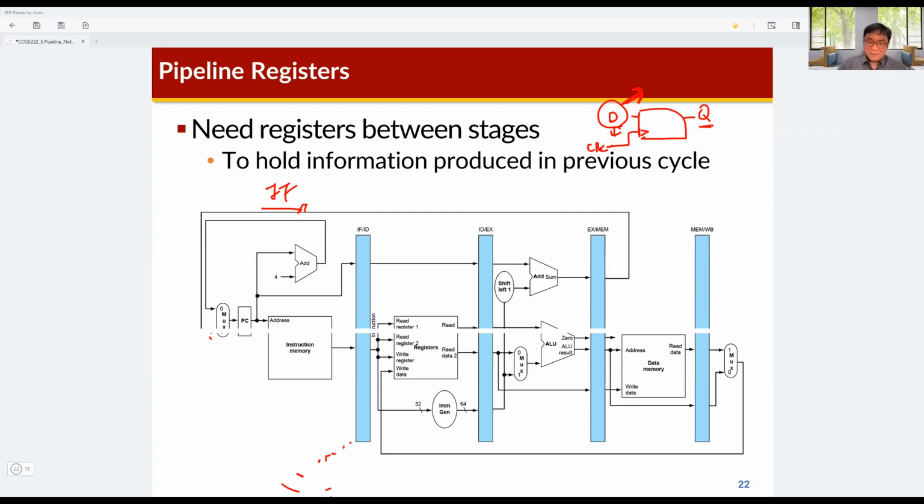We can just insert pipeline registers between the steps of a single cycle processor, and then the input and output of the data path elements for each step are sampled by the clock signal. That's it. Oh, it's done.